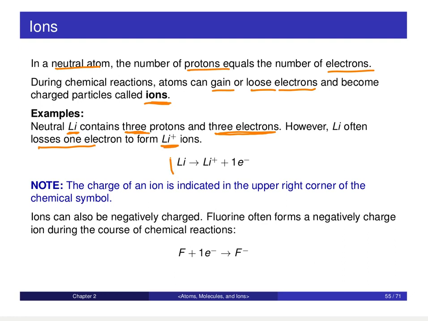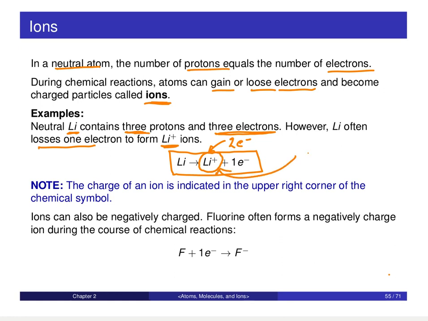So if we draw out what's happening here, lithium is forming a lithium plus, where this lithium plus now only has 2 electrons associated with it. And 1 electron is given up, and that electron will go somewhere else, and we'll see different places that it could go later on. But for right now, we want to focus in on this lithium plus ion.